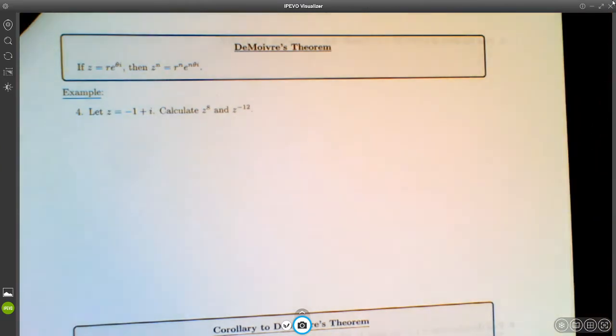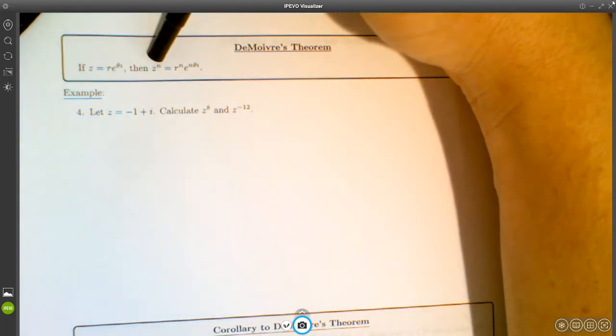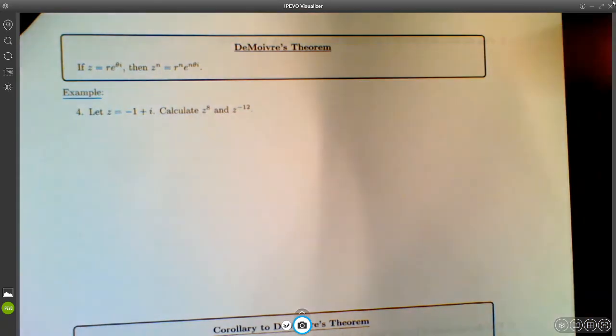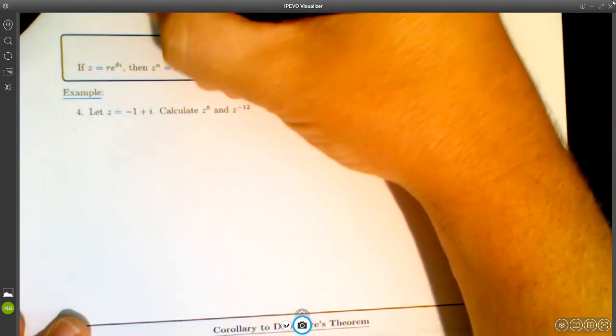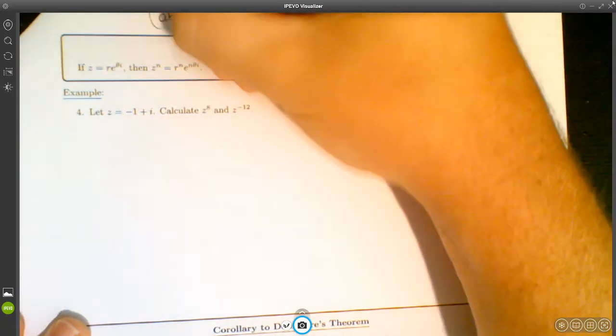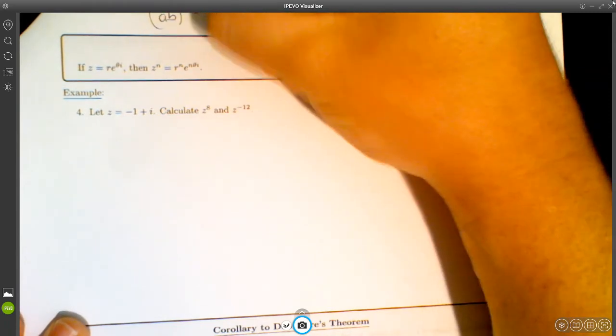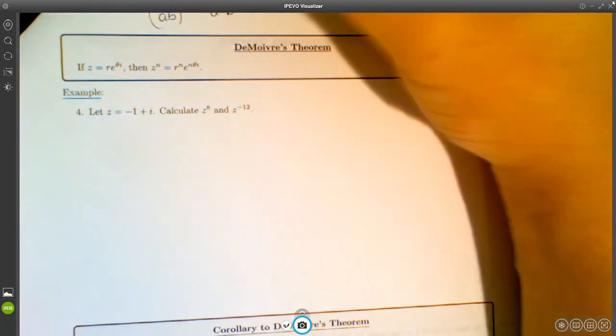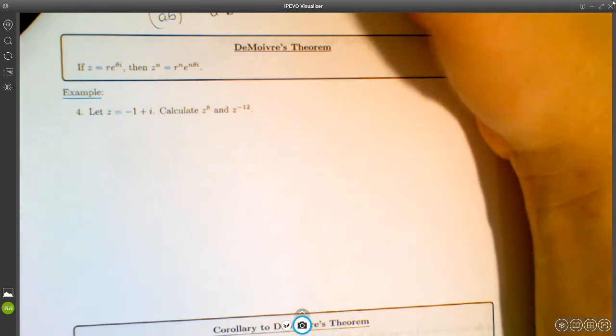We can't really take it for granted, I guess, because we never defined exponents over the complex numbers, right? Or rather, what I'm saying is the product rule of exponents says that a times b to the nth power is a to the nth power times b to the nth power. We know that this is true if a and b are real numbers.